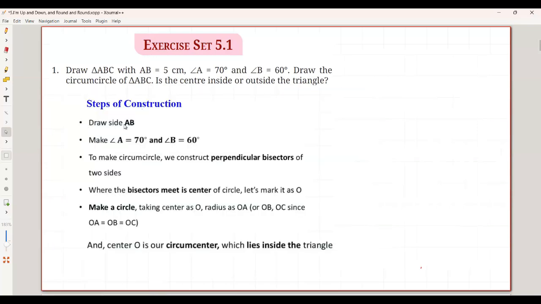First, draw a side AB, make an angle A of 70 degree, angle B 60 degree. To make a circumcircle, we have to construct a perpendicular bisector of the two sides. We have learned how to construct a perpendicular bisector. After constructing it, we'll get the center as O. Keeping center as O and radius as OA, we can draw the circle.